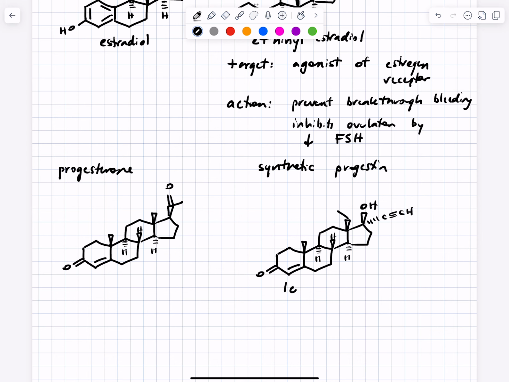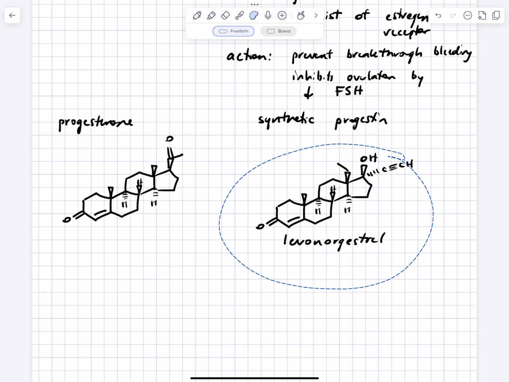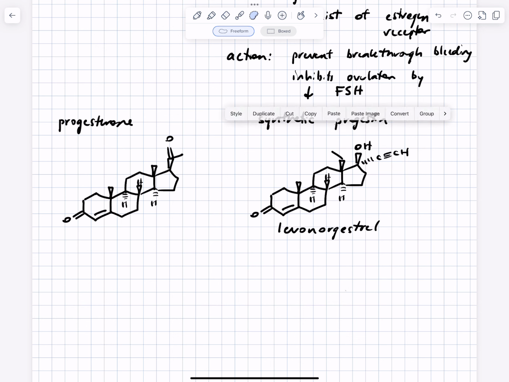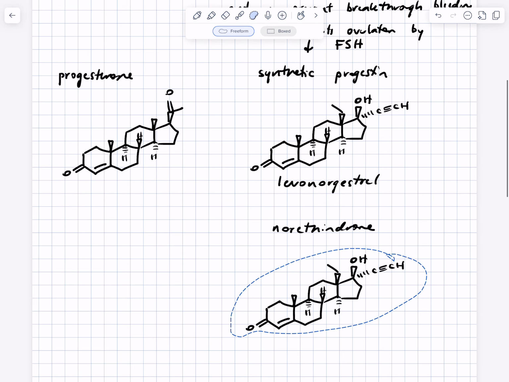And this is called levonorgestrel, and that's a very, very commonly prescribed progestin. And then an alternative is called norethindrone. That'll be exactly the same, except it lacks the methyl group that levonorgestrel had.